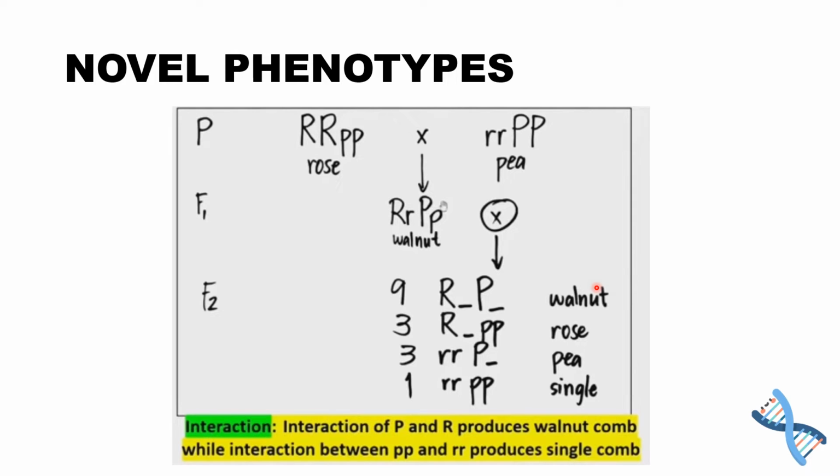The interaction of the two genes, those dominant genes, will produce a novel phenotype or a new phenotype.